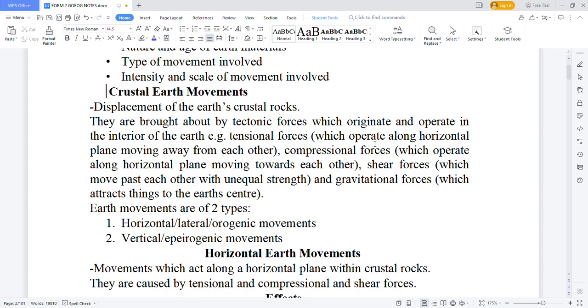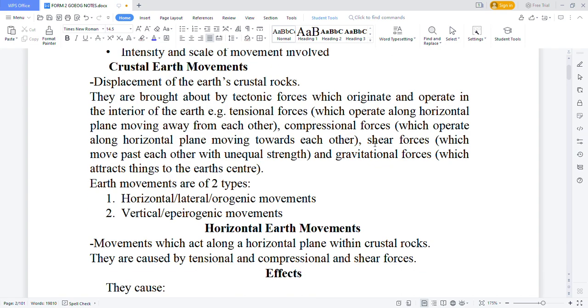Then you have shear forces which move past each other with unequal strengths. Then you have gravitational forces which attract things to the earth's center. Kindly remember that is under crustal earth movements.